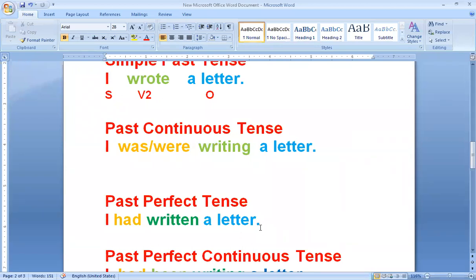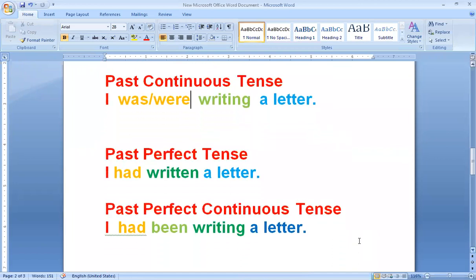Other examples are, she had taken her dinner. They had played cricket yesterday. We had completed our homework 2 days before. So this was the past perfect tense.